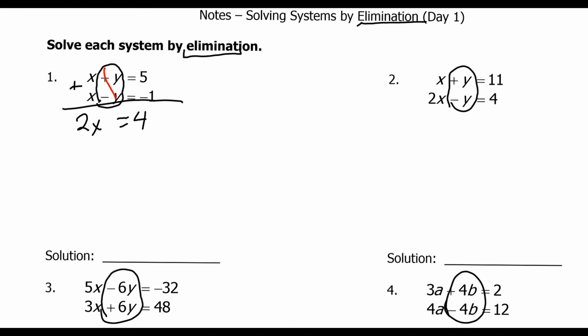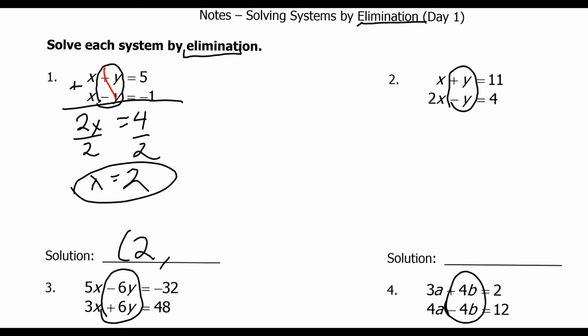So, at this point, you can solve this very simply. We're going to divide by 2 on both sides, and x equals 2. That part is finished. Now, we can go ahead and start to load up our ordered pair. We're going to take our 2, and plug it back in up here at the top.